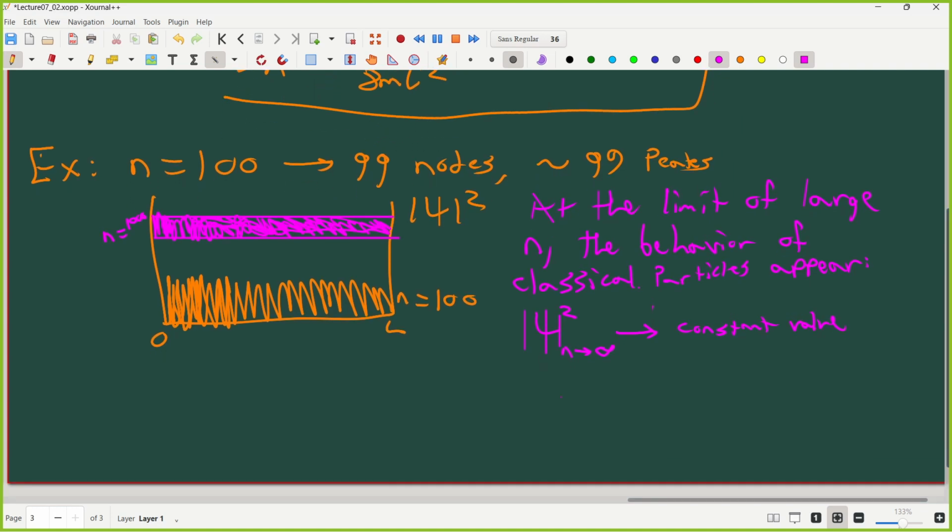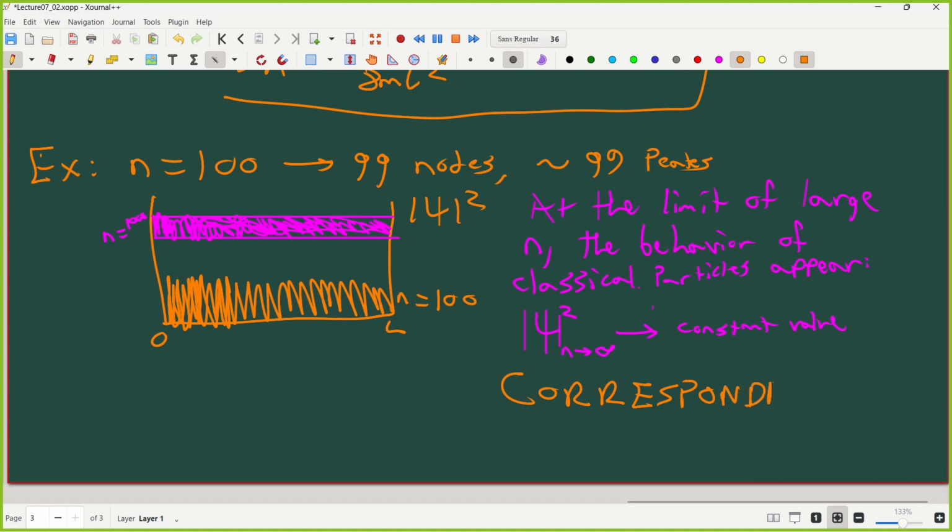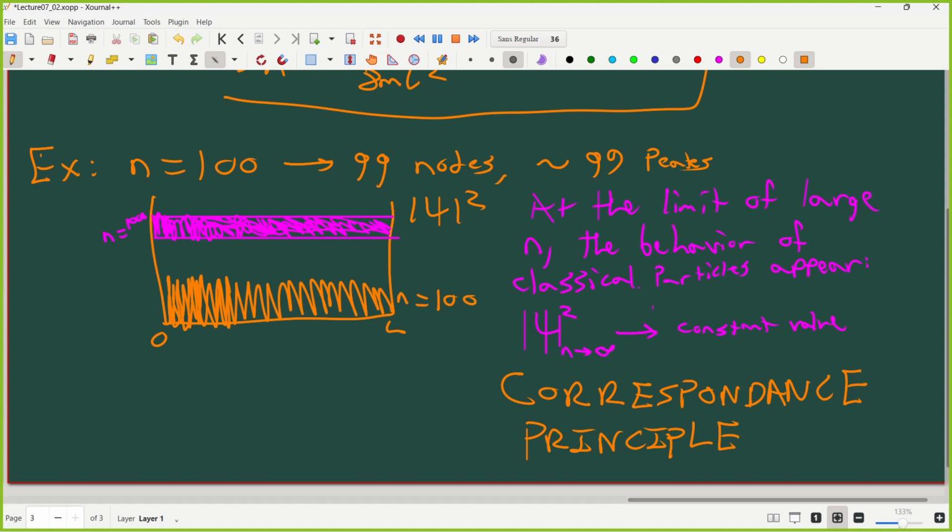This is what's called the correspondence principle. A valid microscopic theory for the system should lead to the exact results you get from classical mechanics or thermodynamics or ideal gas or whatever, at the limit of large n, or high energy, however you want to think about it.